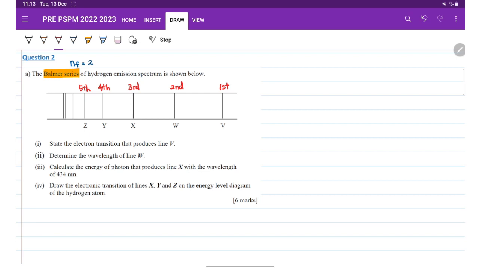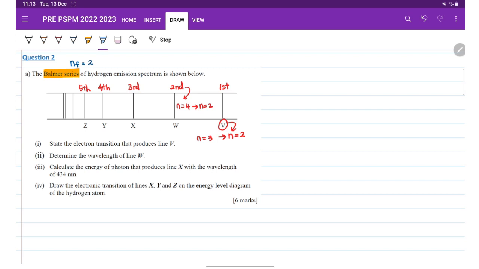And please bear in mind, bila kita kata this one is the first transition, so maksudnya dekat sini, kalau kita nak tengok untuk V, dia punya ground state adalah N sama dengan 2 sebab Balmer series tadi. So the first transition will be N equals to 3 to N equals to 2. Itu kalau kita cerita tentang first transition. Kalau kita cerita tentang second transition, it will be from N equals to 4 to N equals to 2. So macam yang kita bincangkan tadi.